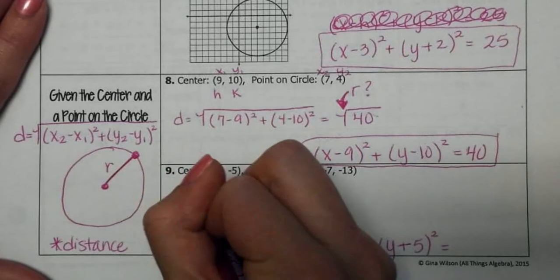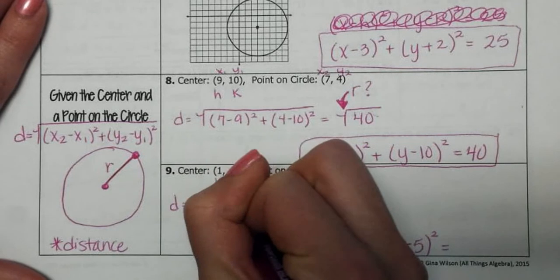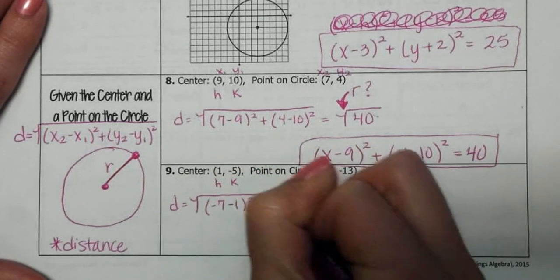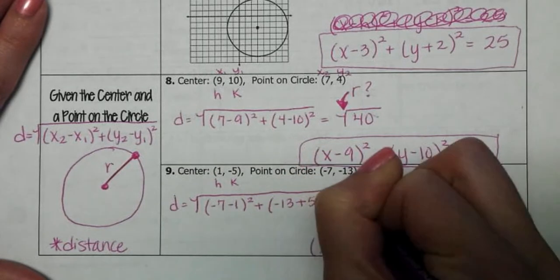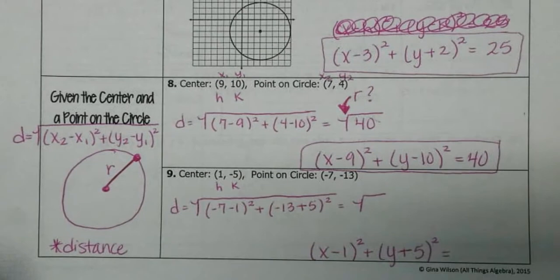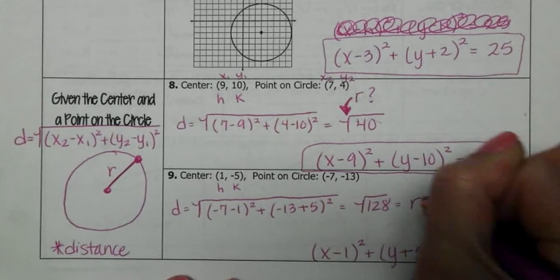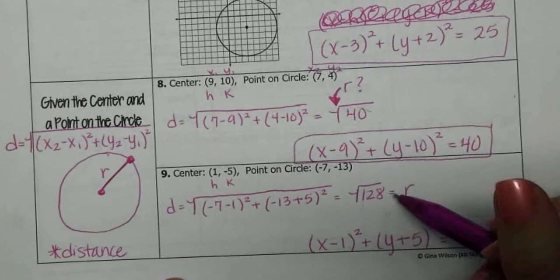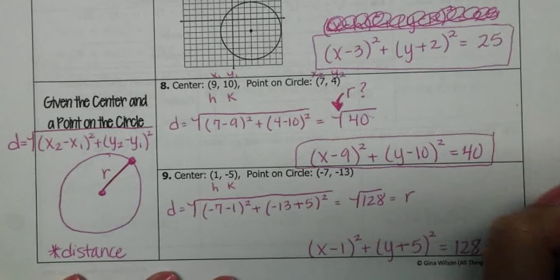So I'm going to plug in negative 7 minus 1 squared plus negative 13 minus a negative 5 squared, which turns to a positive. I should get 128 underneath that square root. That's my radius. If I square a square root, I just have the number underneath. And that is my answer.